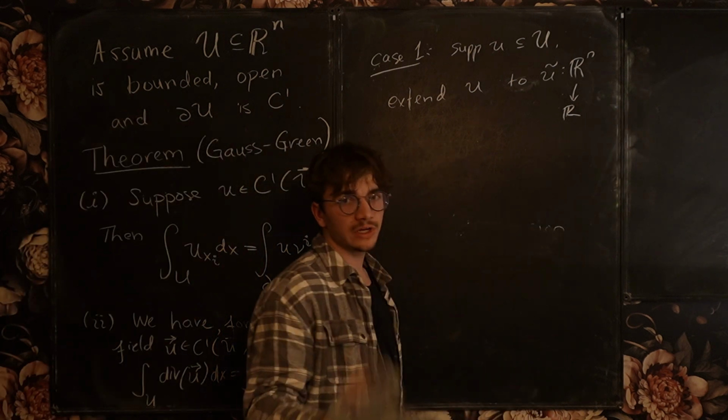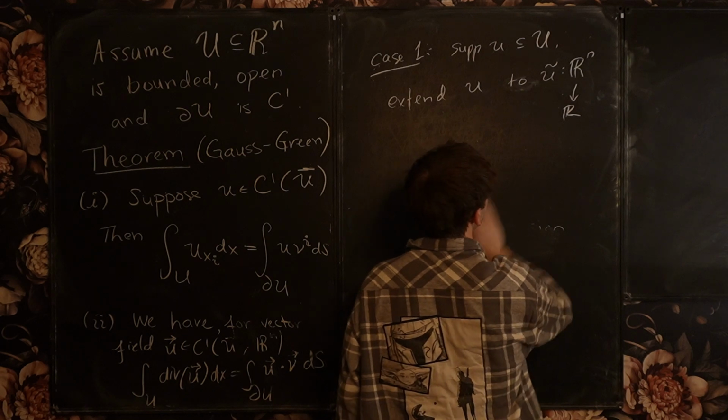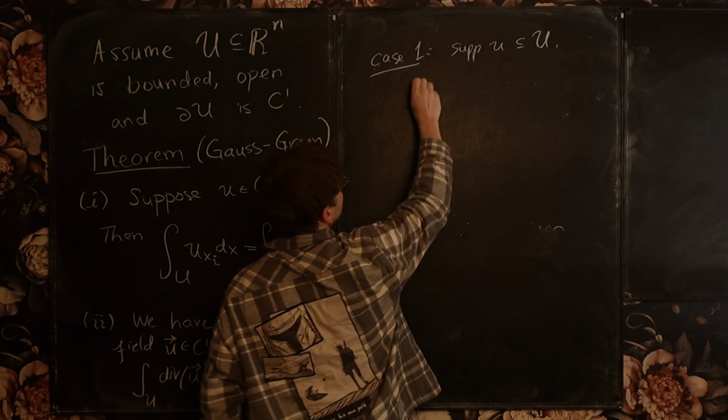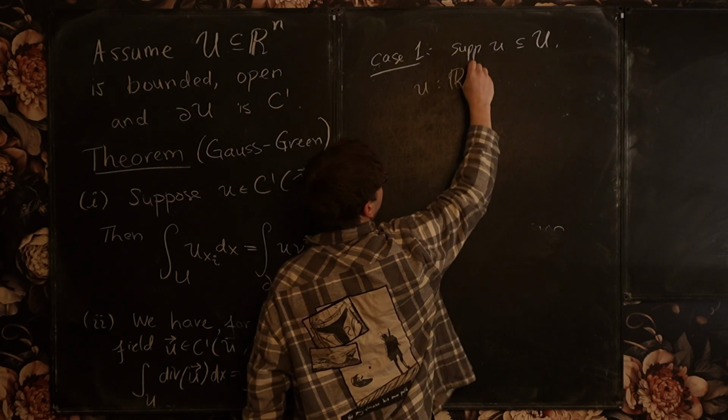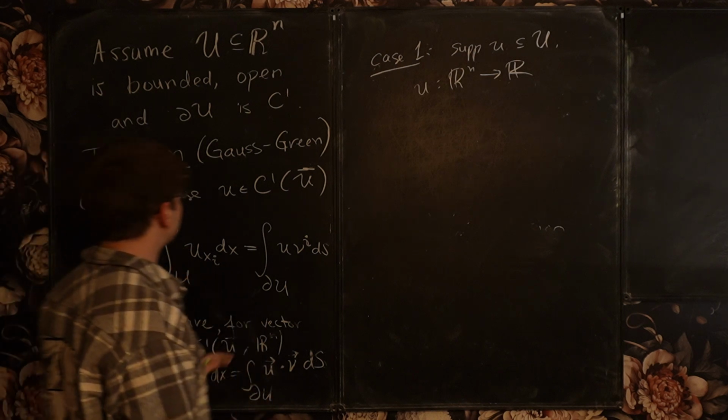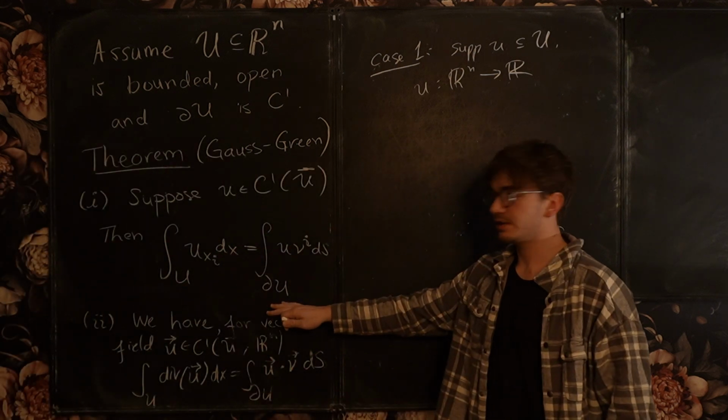So I'm going to assume that we've done this extension, and so that means that u is now a function which is defined on the whole of Rn, okay? And now let's just do the calculation, okay?